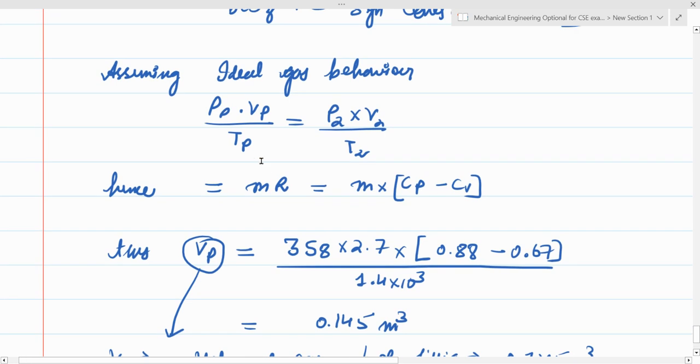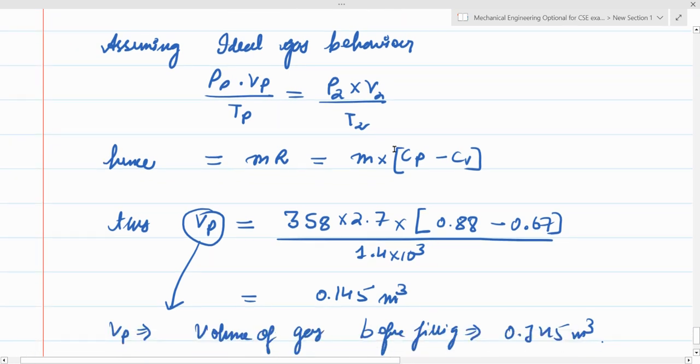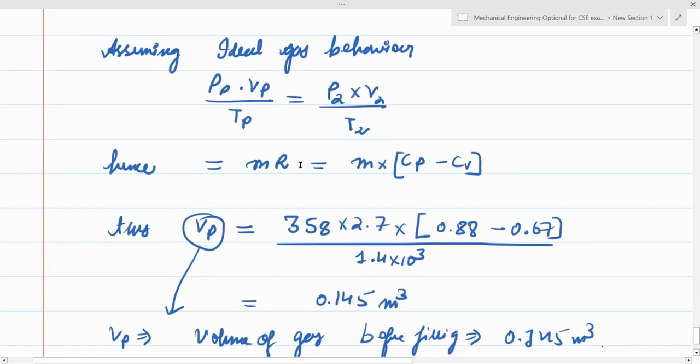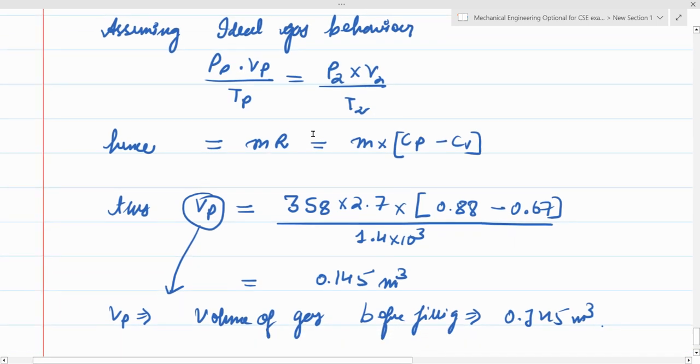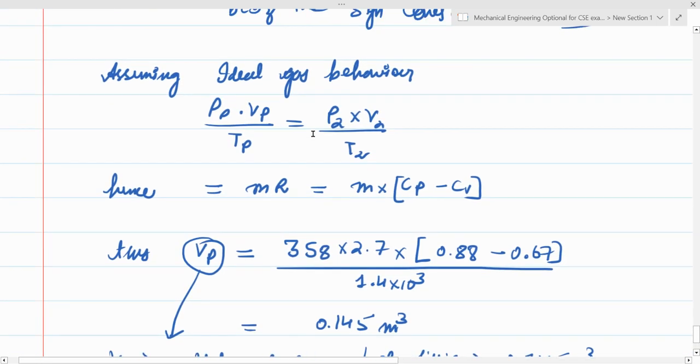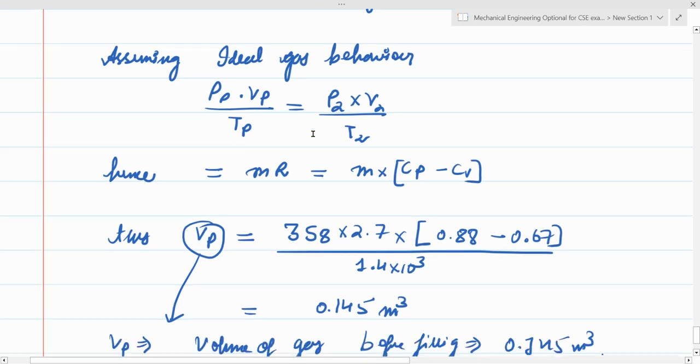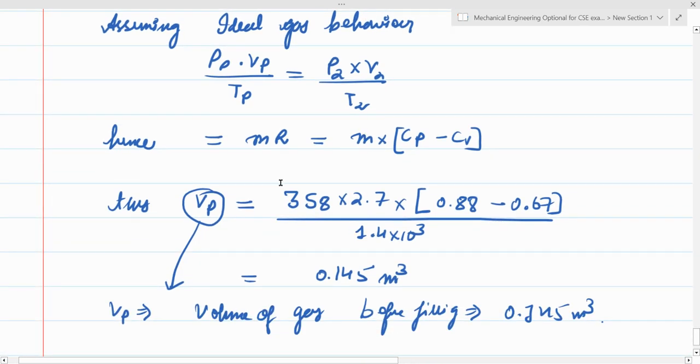Now we know that it is an ideal gas, so it should follow the ideal gas equation. Thus, PpVp by Tp should be equal to P2V2 by T2.